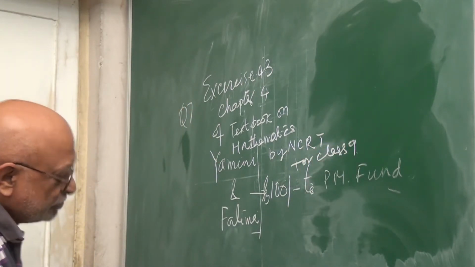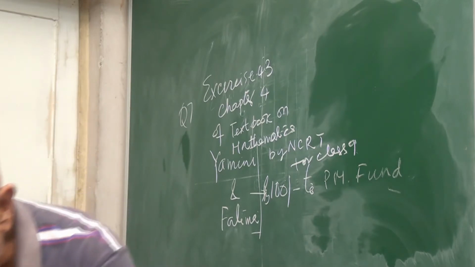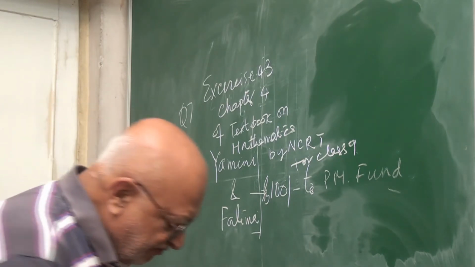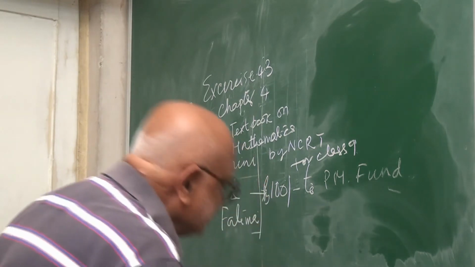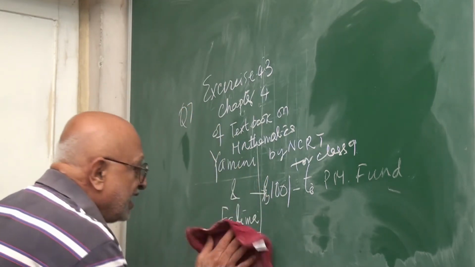Okay, so this is the question I have picked up. I should have written it first, but I thought I would first introduce this so that you can start picking up the book and find out where it is.